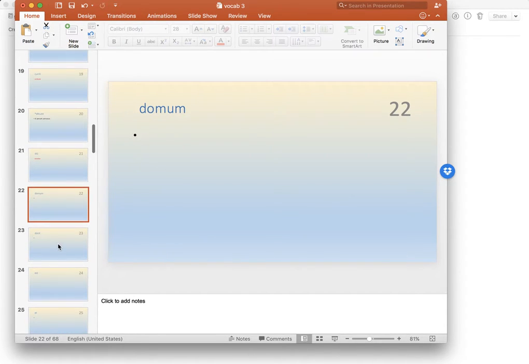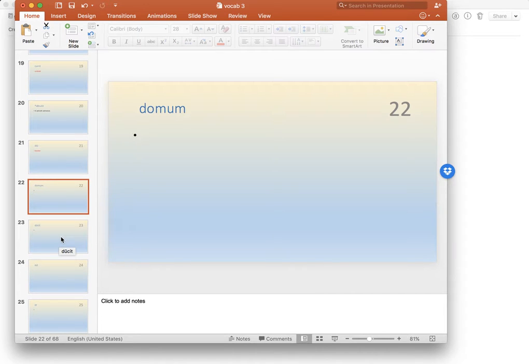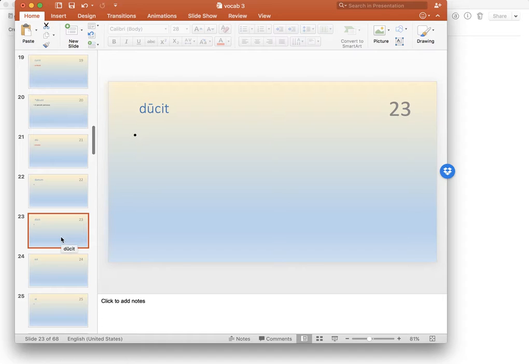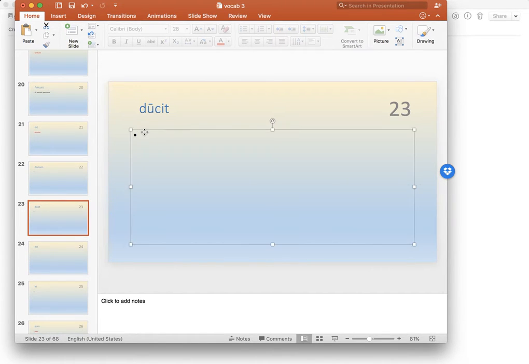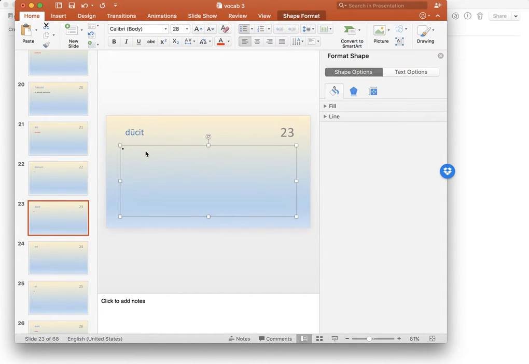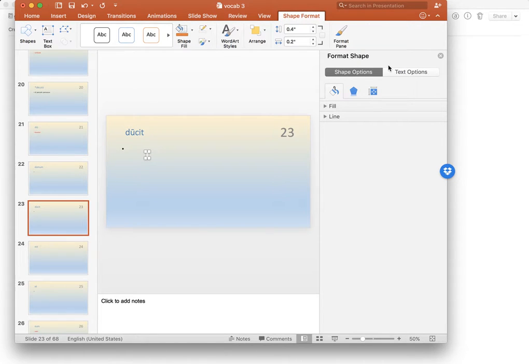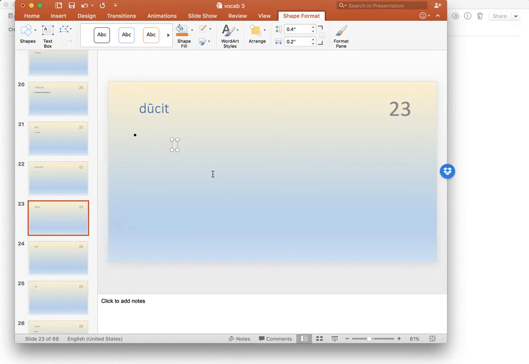Domum means home, particularly in this context, homeward, in the direction of home. Ducit means leads. A leader is a dux.